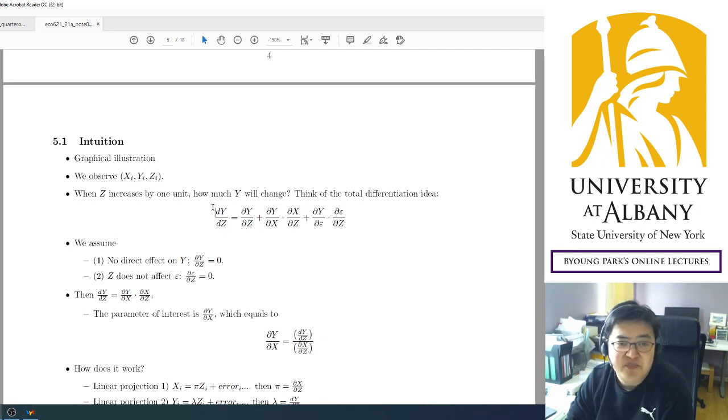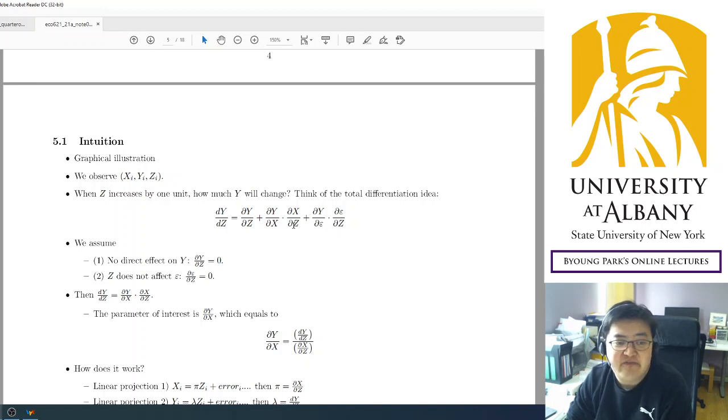This can be decomposed into the direct derivative, so how much Y increases with everything else being the same. This is the direct effect. The second term is the effect through X. Z increases X and then X increases Y, right?